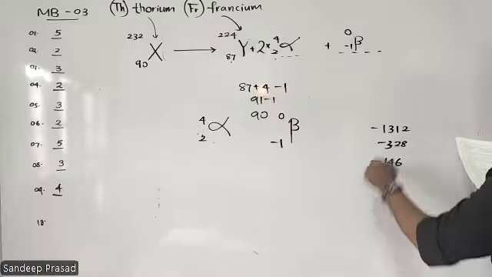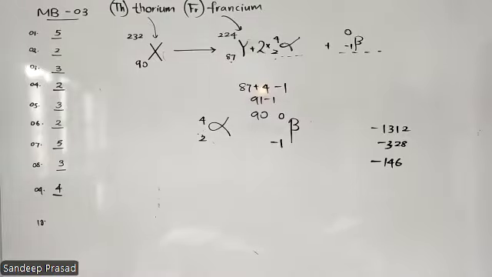All of them are minus values. Correct that one as minus 146. Do the calculations quickly.